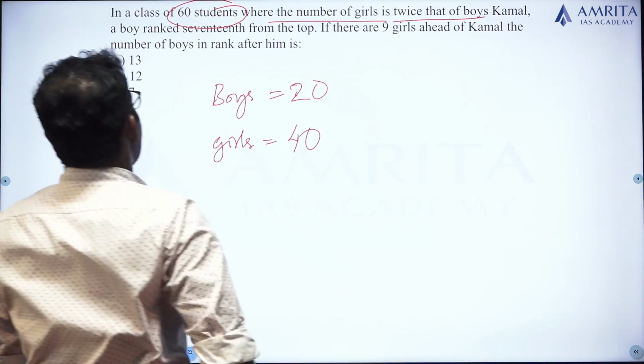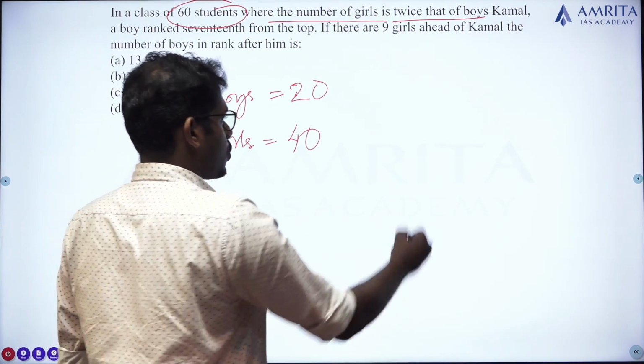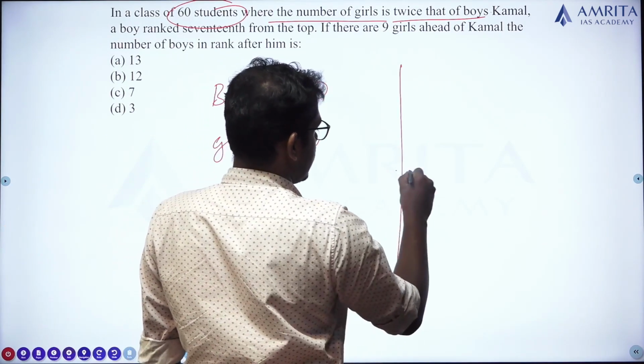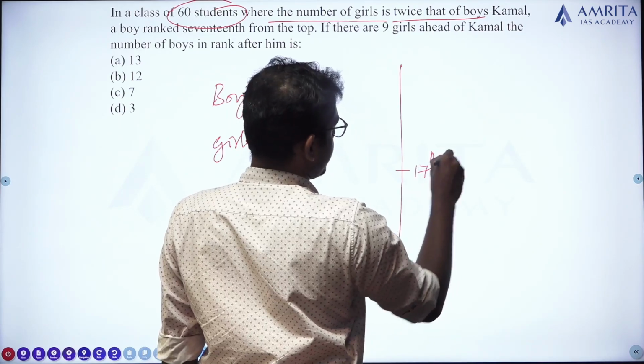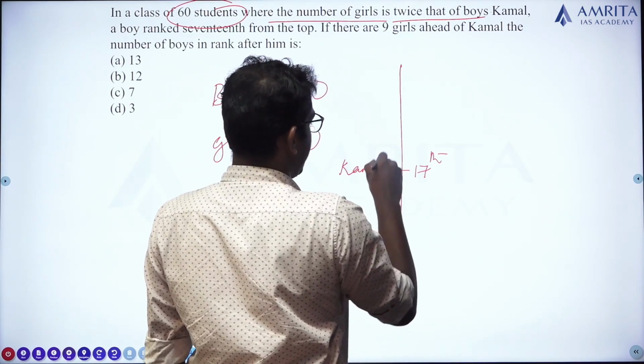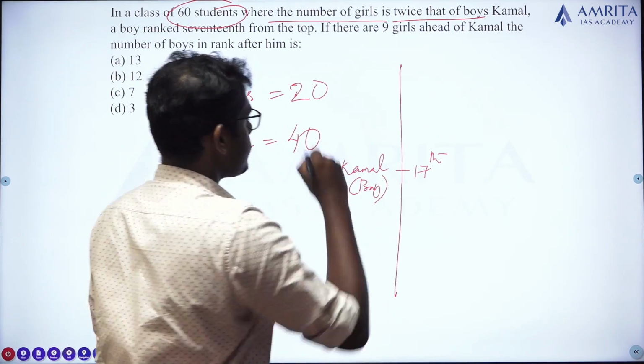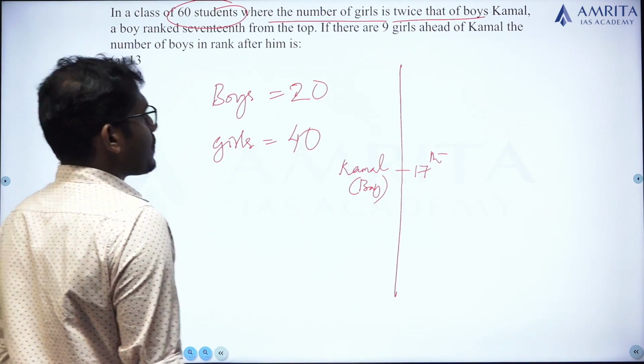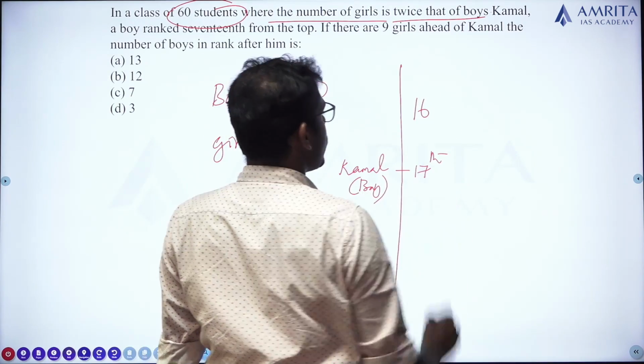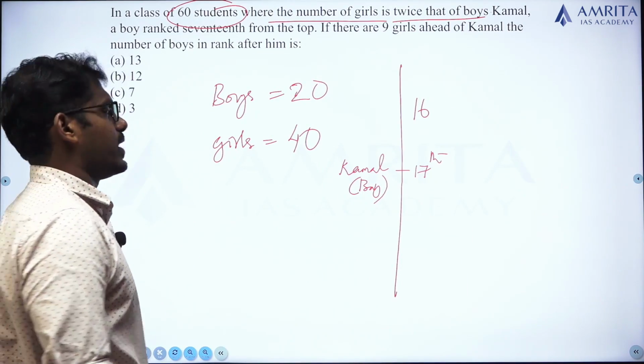Okay. Kamal, a boy, ranked 17th from the top. This is the 17th position and it is occupied by Kamal. He's a boy. He's 17th from the top, which means that above him there are 16 students.